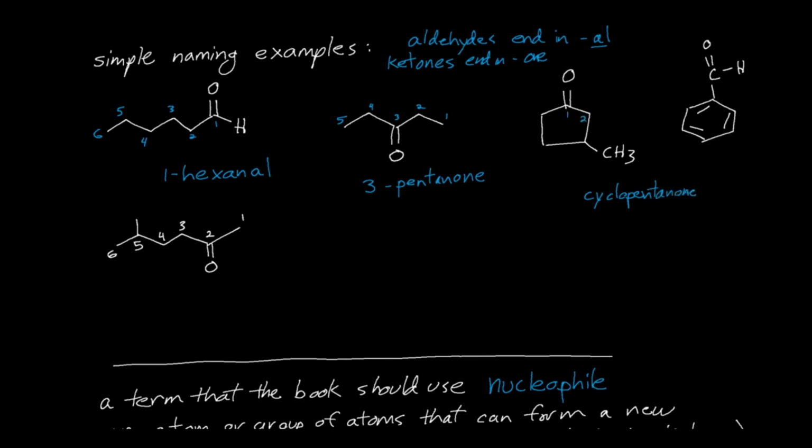And we number from the carbonyl, so as priority, so 1, 2, 3, it's a 3-methylcyclopentanone. Over here we have benzaldehyde, which differs in this kind of nomenclature because it doesn't just end in al, but it's called benzaldehyde.